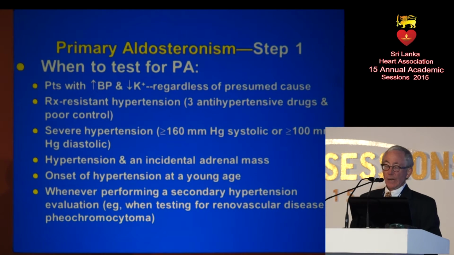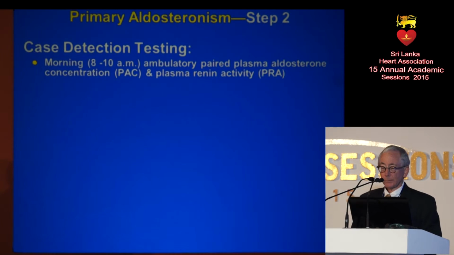And you always have to suspect hyperaldosteronism when you're doing a secondary hypertension workup. And remember, renovascular disease is not unusual, but it is unlikely to be of clinical significance unless the creatinine goes up as you lower the blood pressure. And pheochromocytoma, let's all agree, is quite rare.